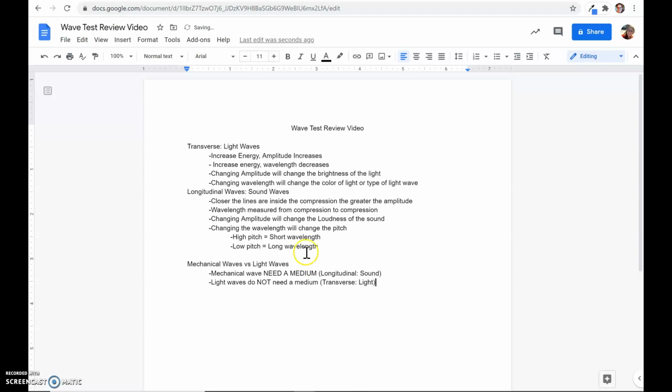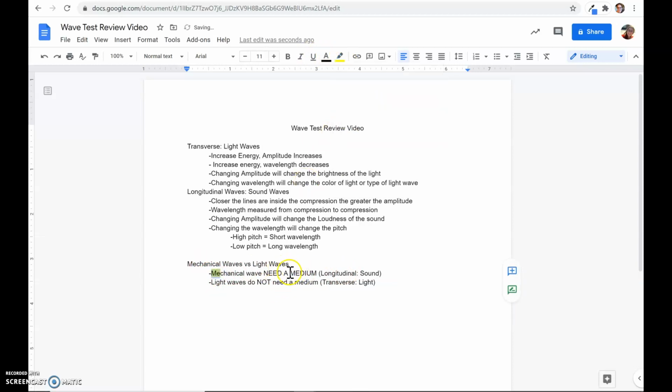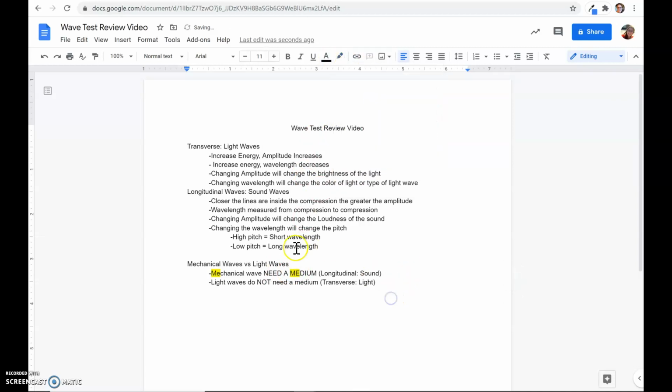They do not need a medium. So all you're going to remember is mechanical, which is M. Mechanical waves need a medium, also M. Mechanical medium, mechanical medium. Great. We practiced looking at waves for high and low pitch and changing the amplitude. And sound waves, let's just look at a couple light waves and then we'll finish up.